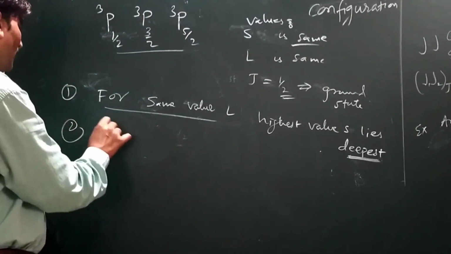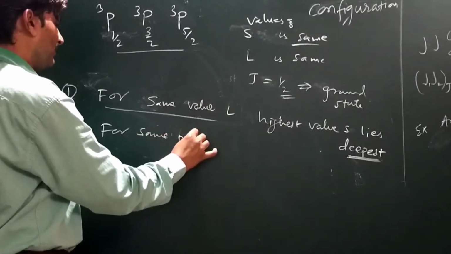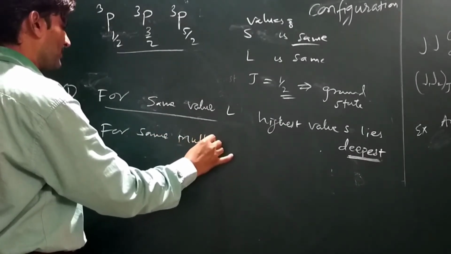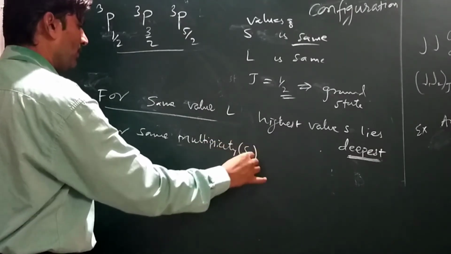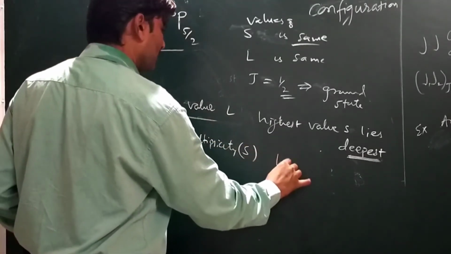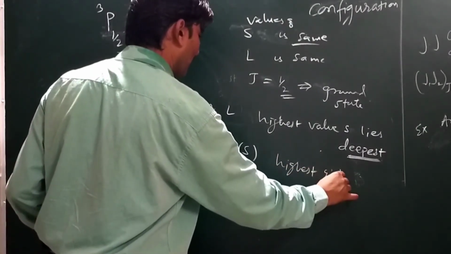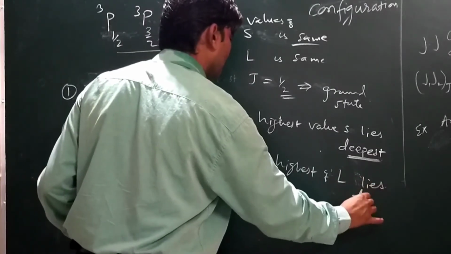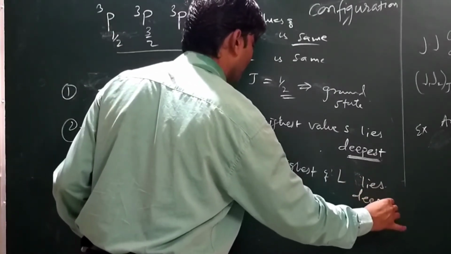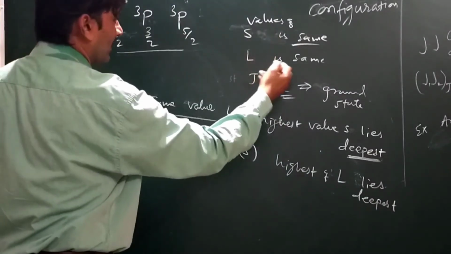Another rule is: for the same multiplicity, that is the same value of S, the highest value of L lies deepest, at the lower state.